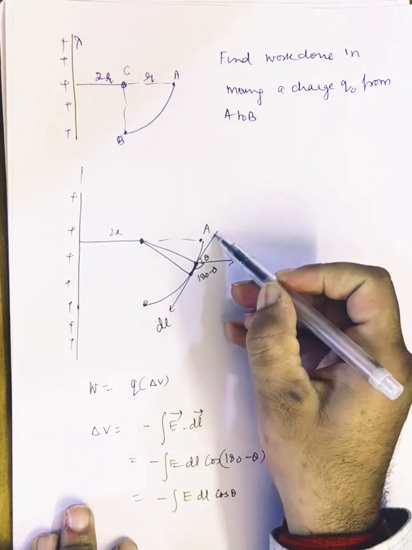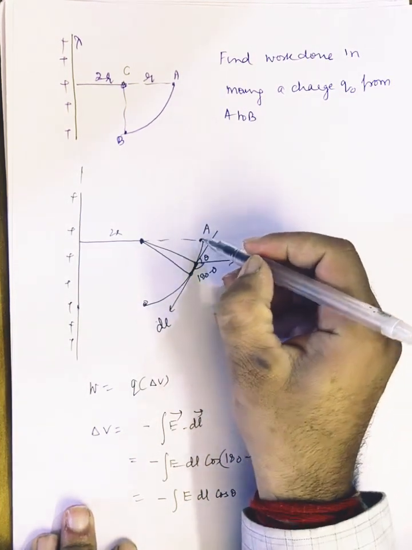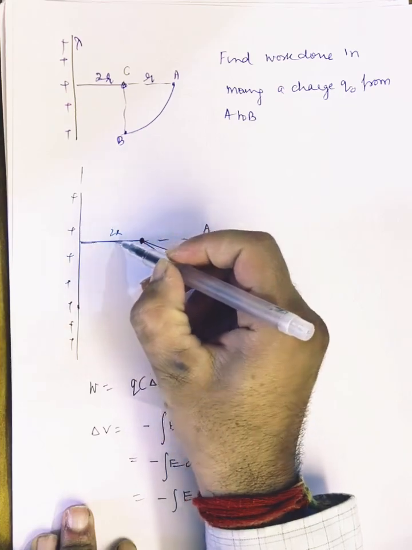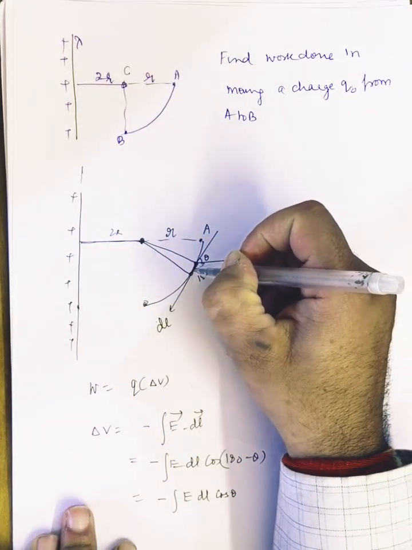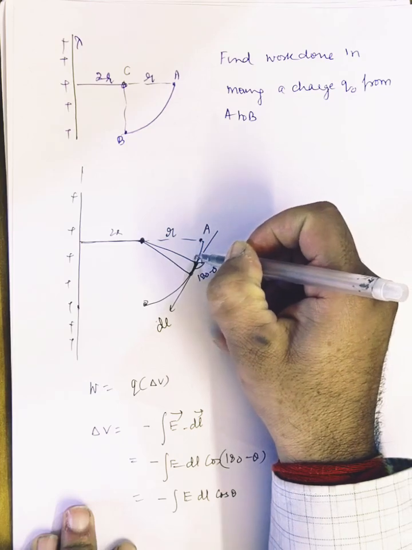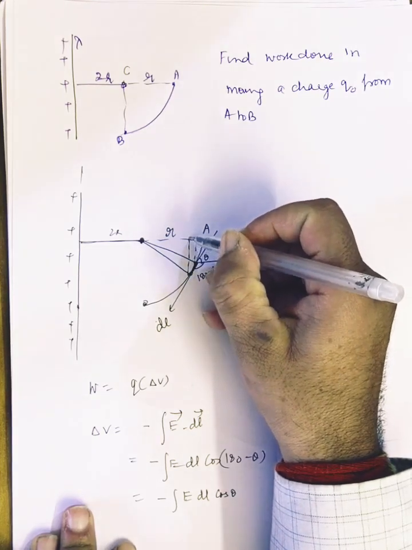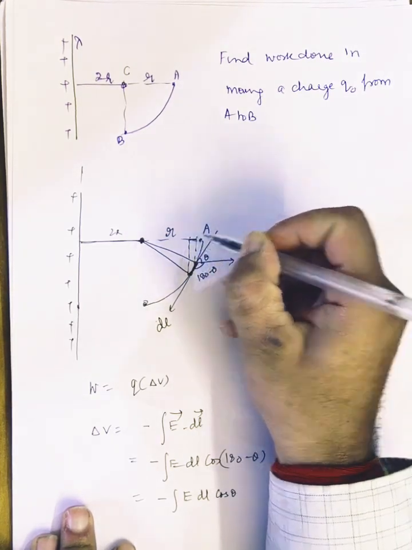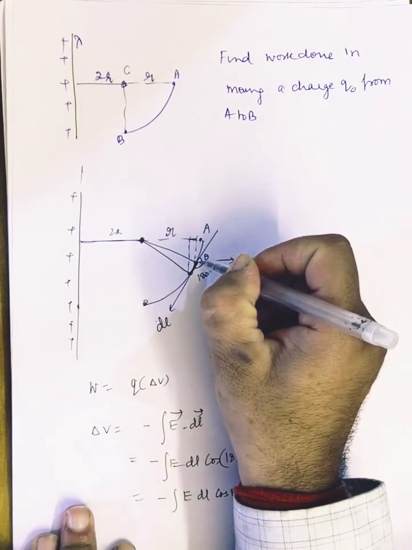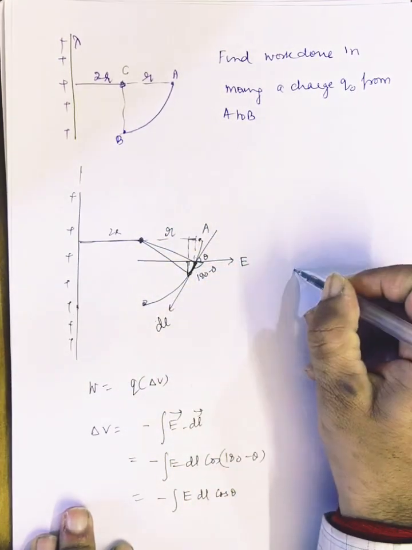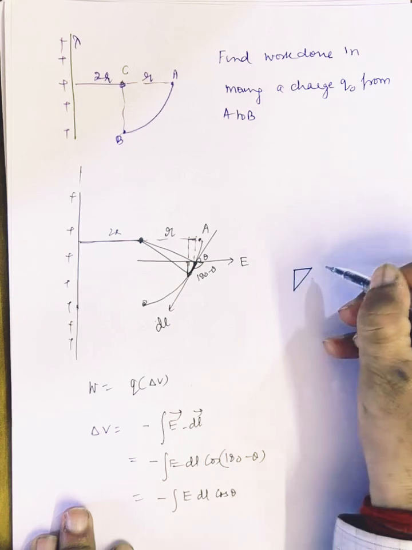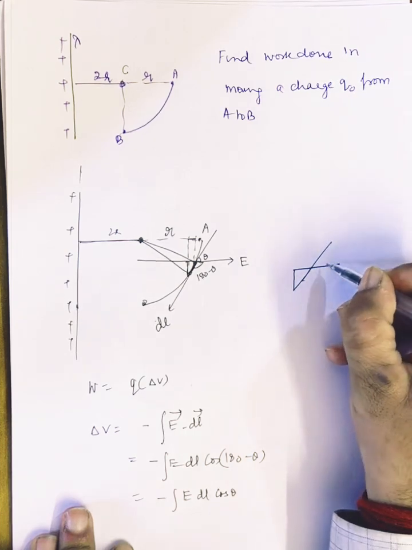Now this is the straight line I'm getting, and initially this is 2r and this is given as r, you can see that. So let's see how much it has moved. It has moved by this much in this direction. Let's extend it this much, and we have a triangle like this, where this is the angle theta.